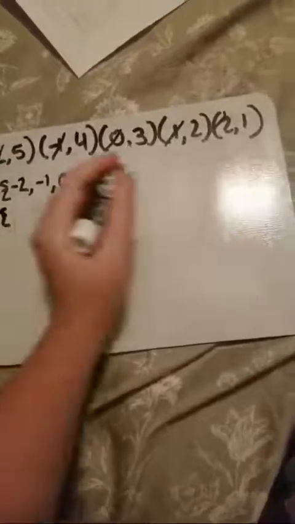Allie, what are you confused about? Range is your y values. So we're going to go in order. Notice the lowest value is 1. So we're going to go 1, 2, 3, 4, 5.